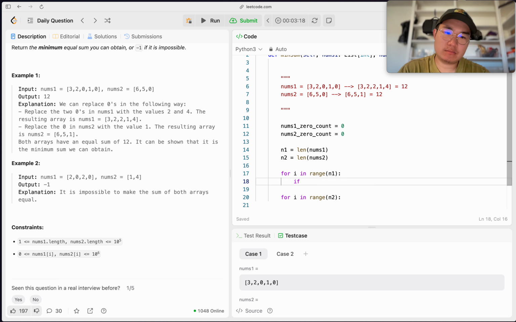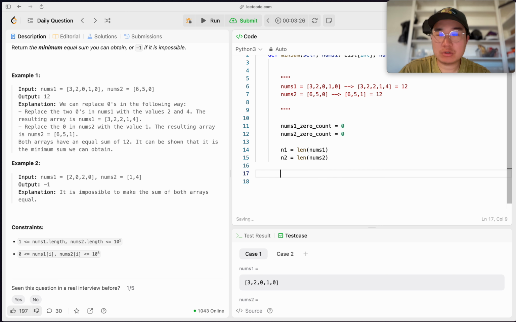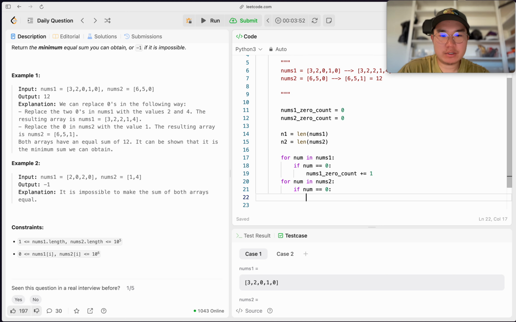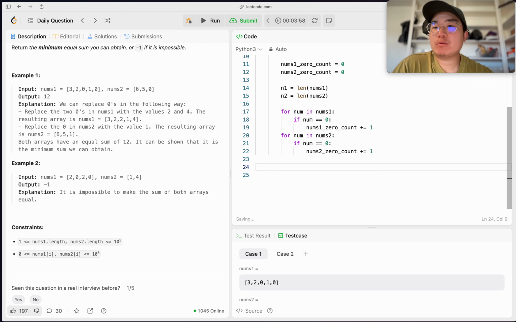Oh, actually, we don't have to go by index. We could just do for num in nums1, if num is equal to 0, then nums1 zero count plus equal 1. So we're just counting it. And then for num in nums2, same thing, if num is equal to 0, nums2 zero count plus equal 1. So at this point we'll have all of them.